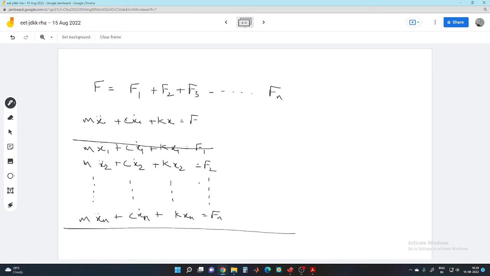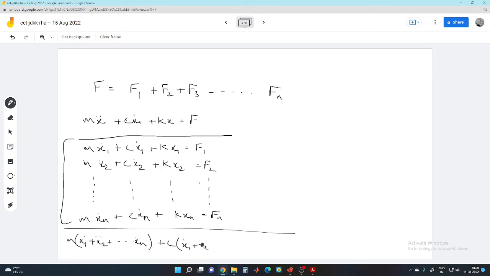If we add these equations, then it will form m of x1 plus x2 plus dot dot dot up to xn double dot plus c of x1 dot plus x2 dot plus dot dot dot xn dot plus k of x1 plus x2 dot dot dot xn equal to f1 plus f2 dot dot dot fn.